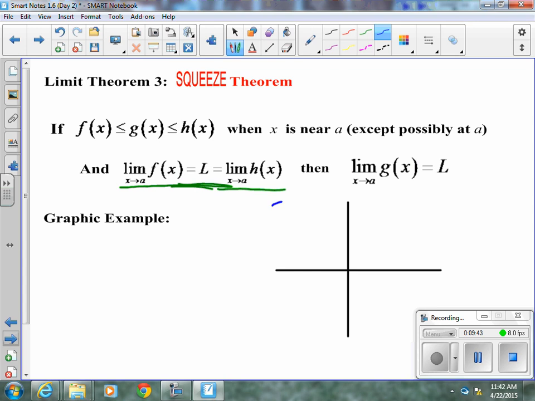We have a function h, call this h of x. Notice it's the biggest, but they tell us here that the limits of h and f are equal.